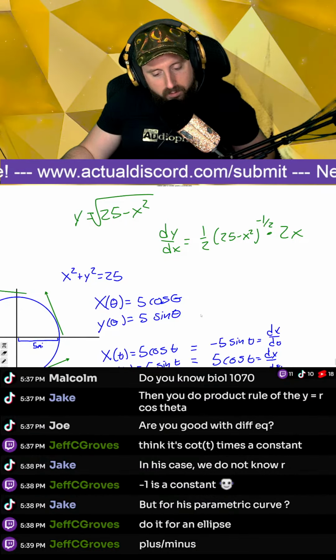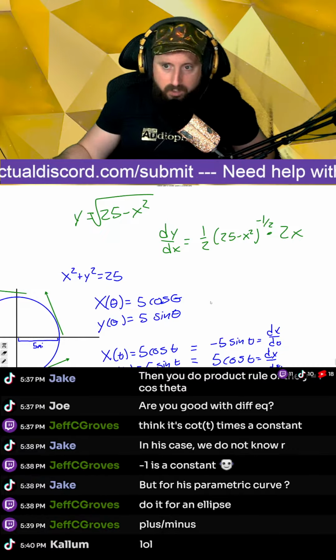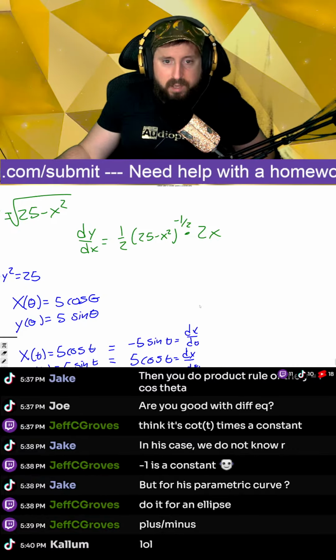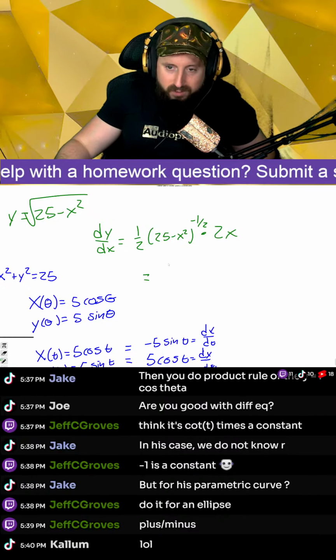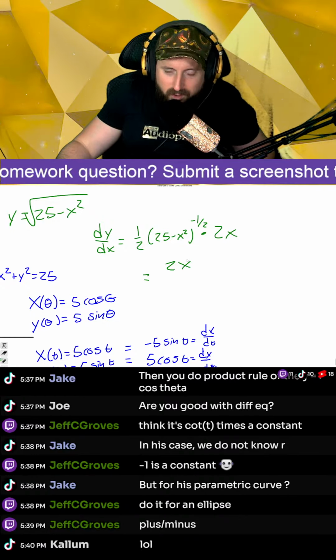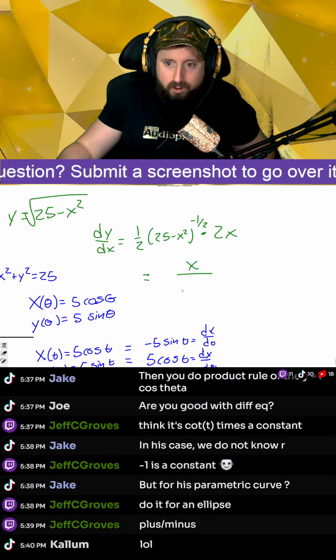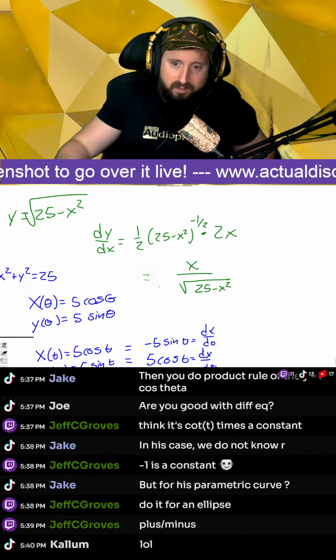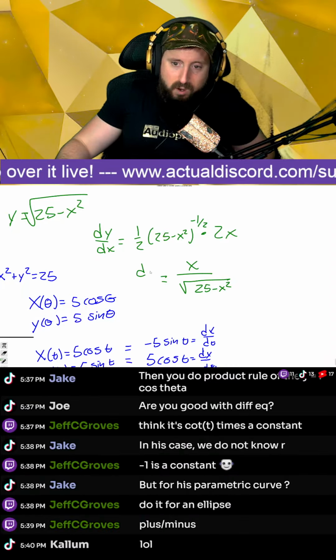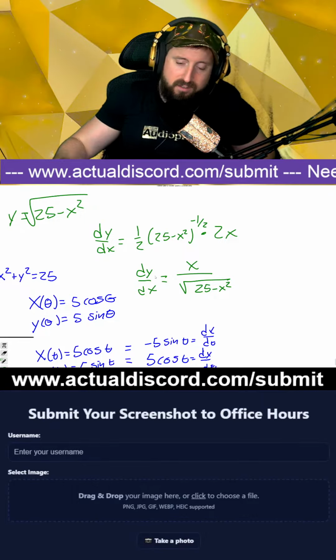I know derivatives pretty well, at least the basic rules. Good, okay. So that's just x over the square root of 25 minus x squared. That's equal to dy dx.